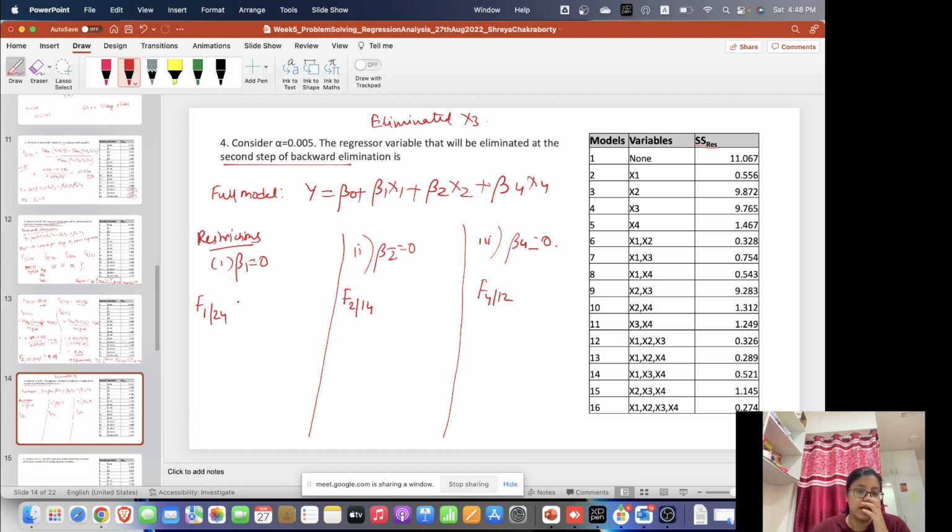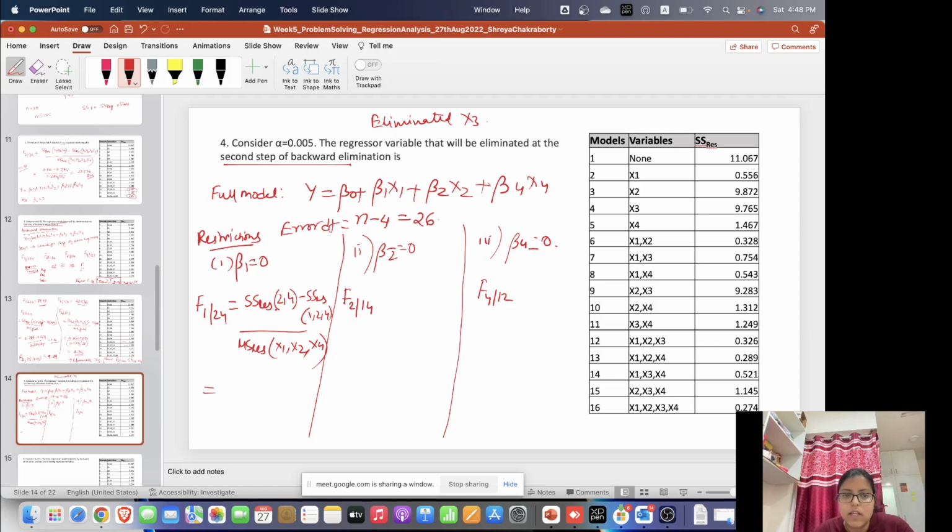Again, if we apply this formula, it would be SS residuals due to x2 and x4 minus SS residuals due to x1, x2 and x4, by MS residuals due to x1, x2 and x4. Now here what will be the error degrees of freedom? Error df would be n minus 4, so it would be 26.